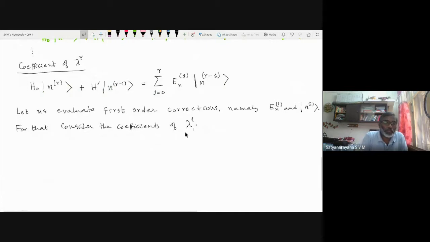Let me rewrite H0 acting on n1 plus H prime acting on n0 is equal to E n1 acting on n0 plus E n0 acting on n1. Correct?